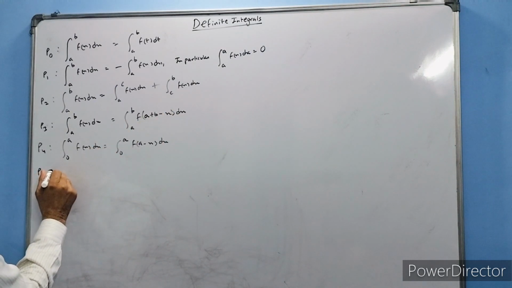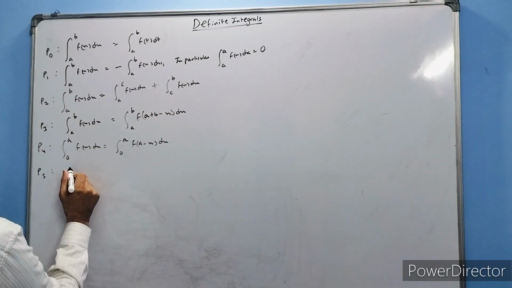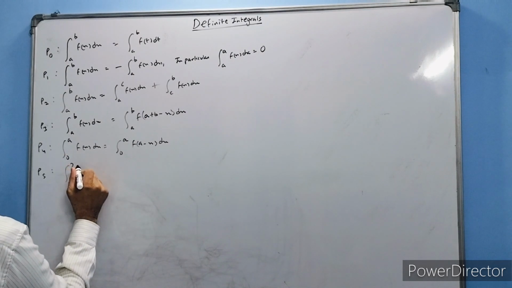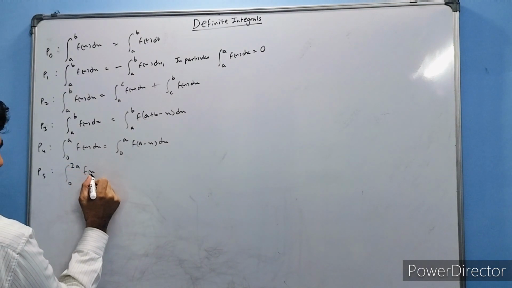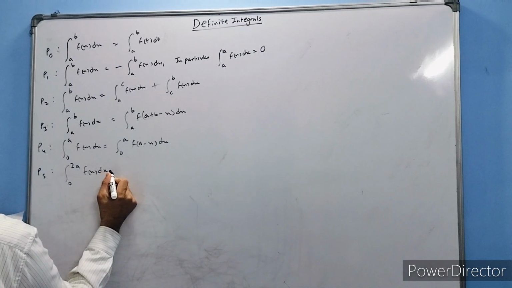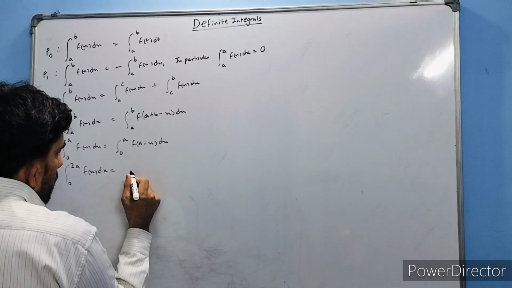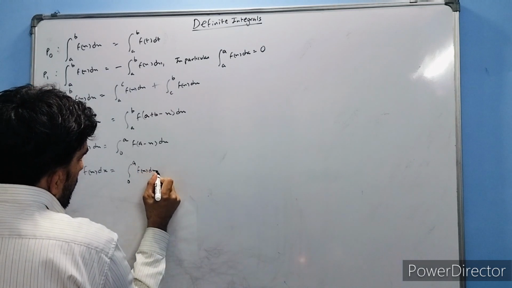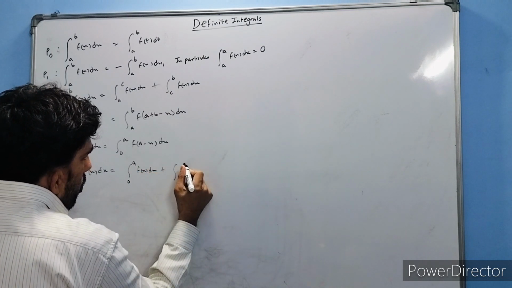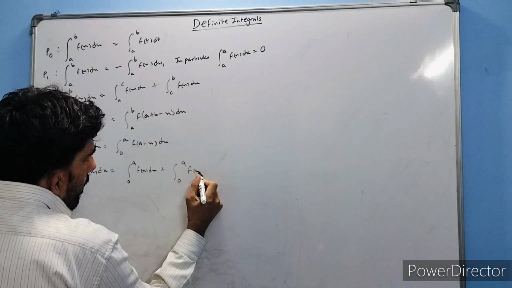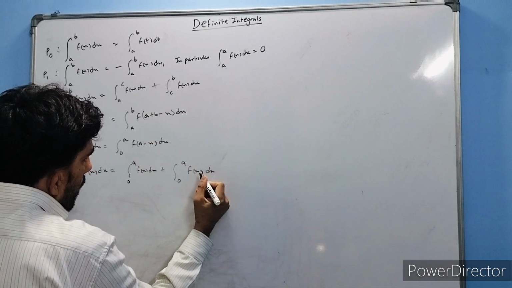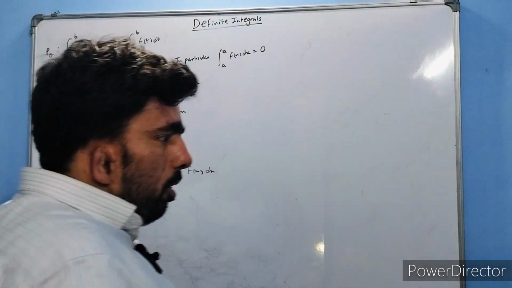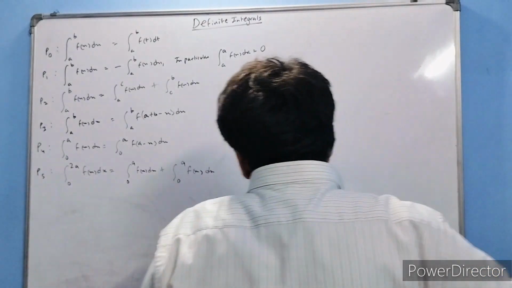Now we'll move to the next property, that is the integral from 0 to 2a of f(x) dx. Then we'll have this: the integral from 0 to a of f(x) dx plus the integral from 0 to a of f(2a minus x) dx. Okay, so this is the property we have.